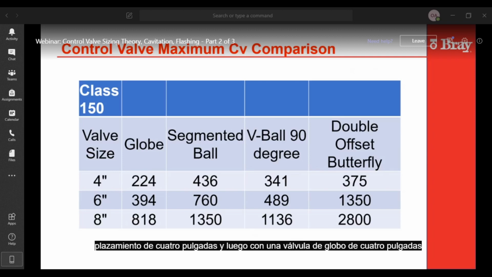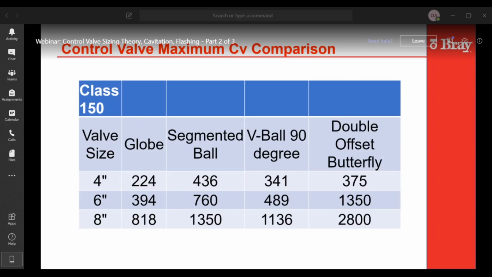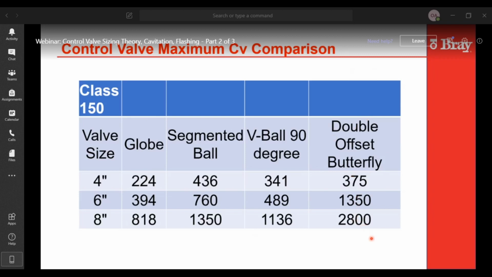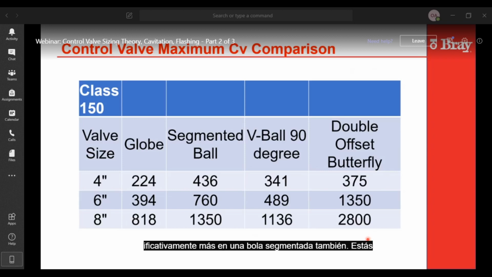But as the valve size gets bigger, the rotary valve capacity becomes much more than a globe style valve. And you can see on an 8-inch valve, you've got 3 times the capacity in a double offset valve than you do in a globe valve. And you have significantly more in a segmented ball as well.